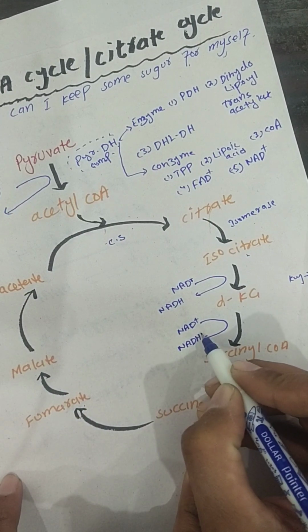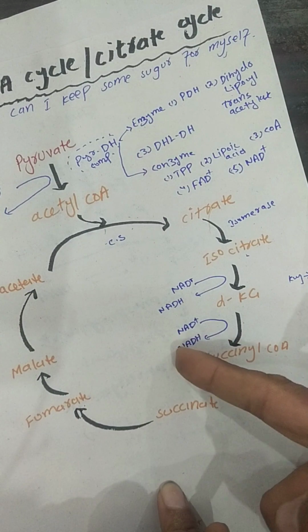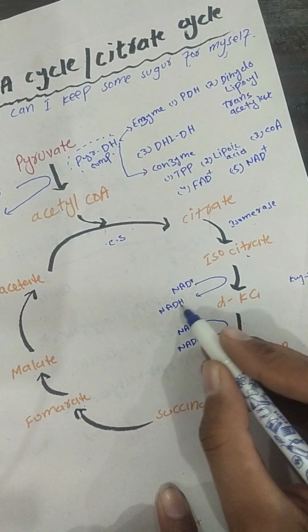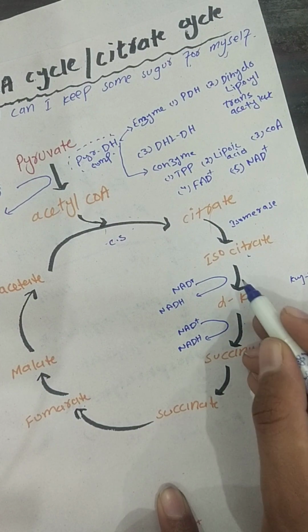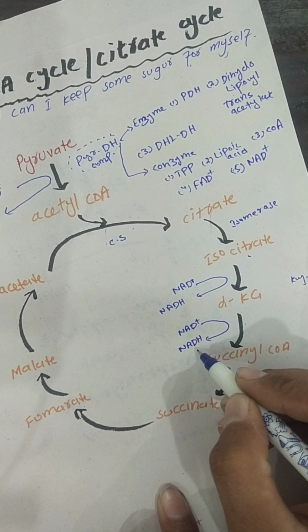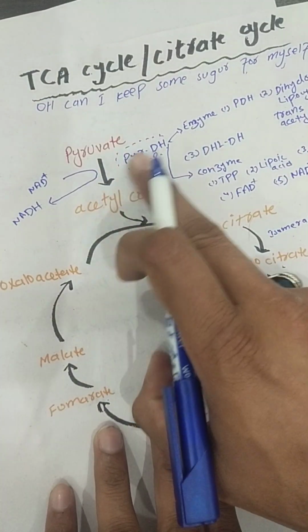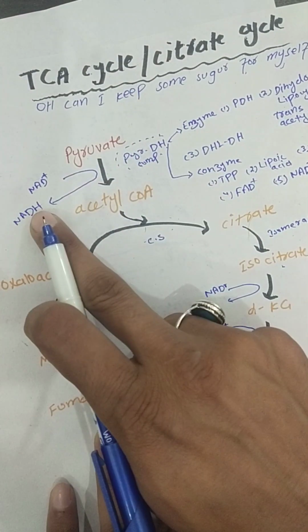In the previous lecture on glycolysis I told you that one NADH gives 3 ATP. So here NADH is produced, and when KG is converted to succinyl CoA, again NADH is produced. I told you that when there is a dehydrogenase enzyme, NADH is produced.